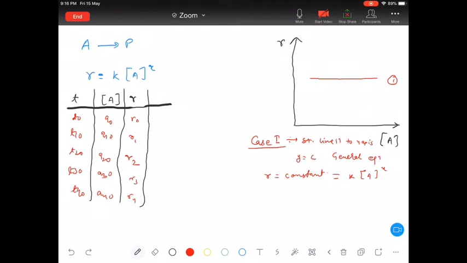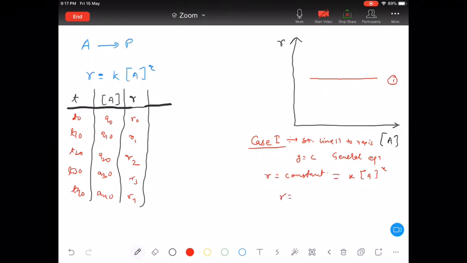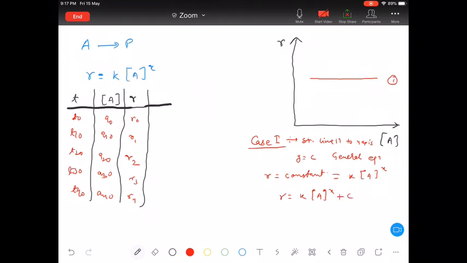So directly I can write R equals K A to the power X plus some constant c equals c.